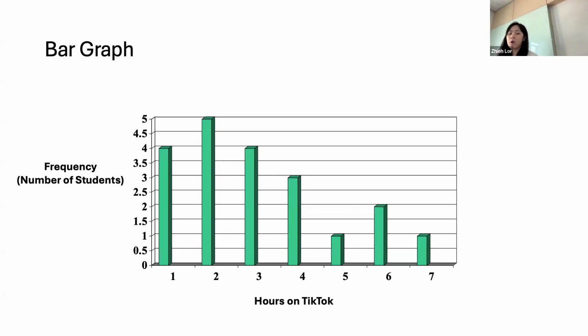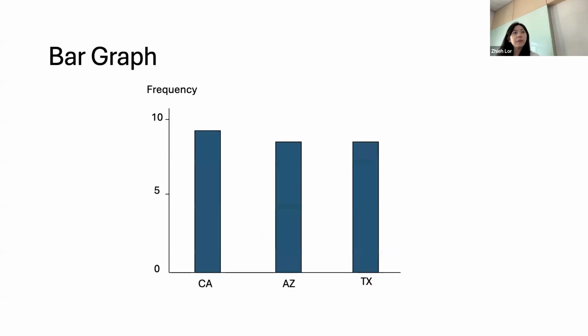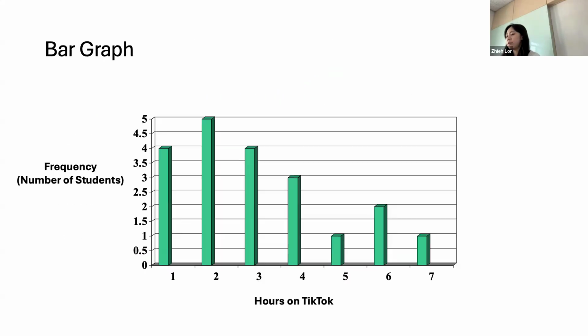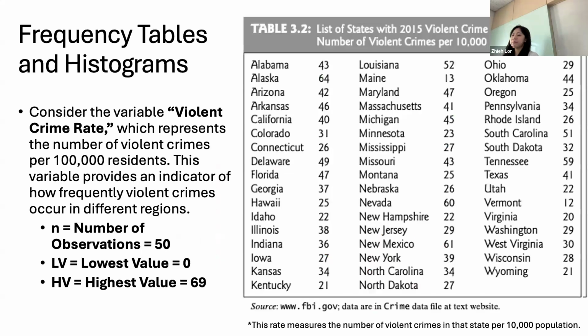So those are the hours of TikTok, and those categories cannot be shuffled. So you cannot put like 2, 1, 3, 4, 5. Normally we don't do that. But in this case, in the bar graph, you can shuffle it. I can put Arizona first, then California, then Texas. But for this type of data, the quantitative variable, it has to be going with the numbers.